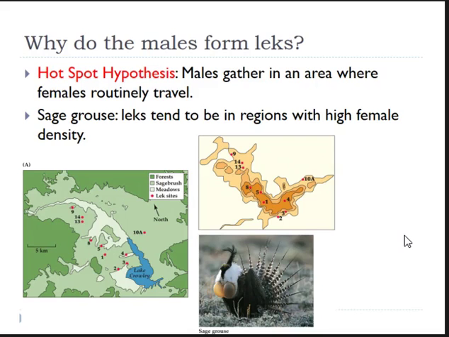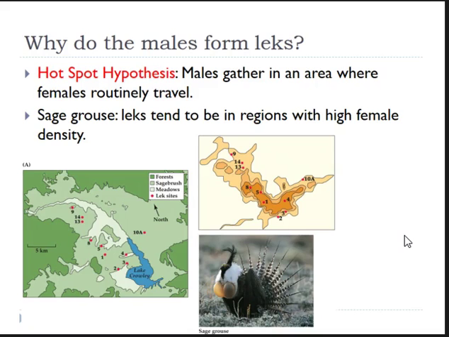This heat map is showing where females are most likely to be found within the population. And what you do find is that leks, not always, but usually tend to be found in those areas where females also tend to spend a lot of their time. And leks are not found out here, far from these areas where females tend to spend a lot of their time. So this is supportive of the hot spot hypothesis.